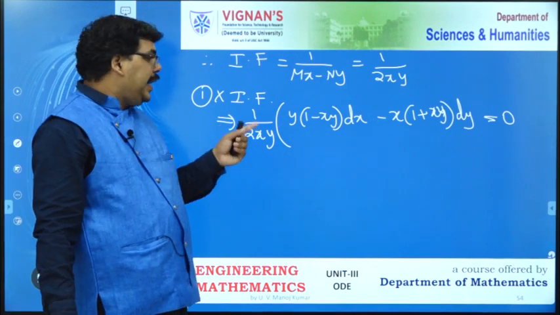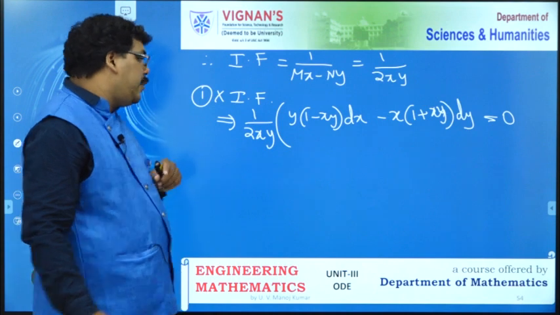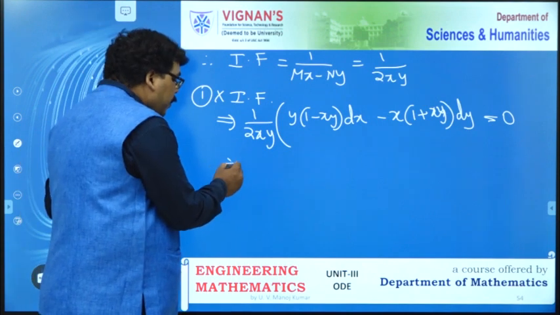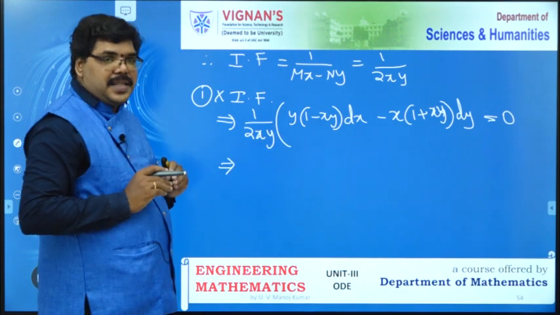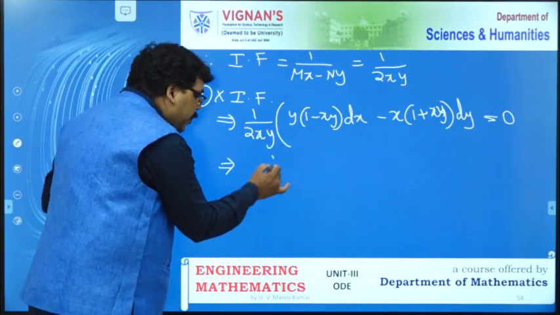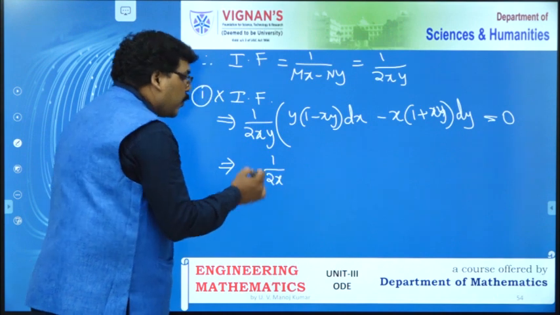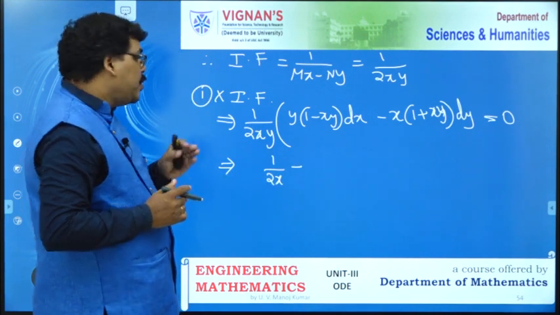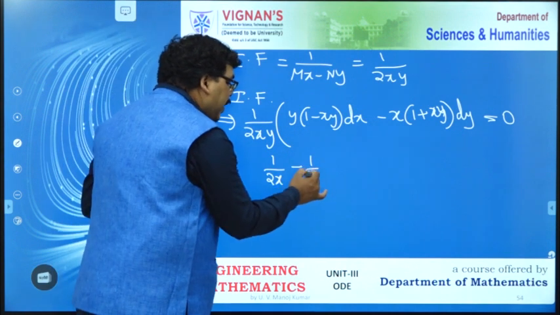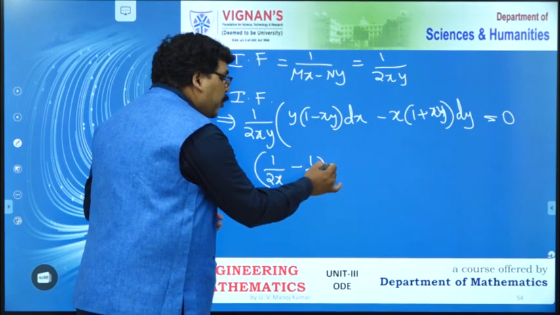So when I multiply the integrating factor with the given differential equation, you see y gets cancelled, what remains is 1 by 2x minus xy by 2xy, so what remains is 1 by 2.